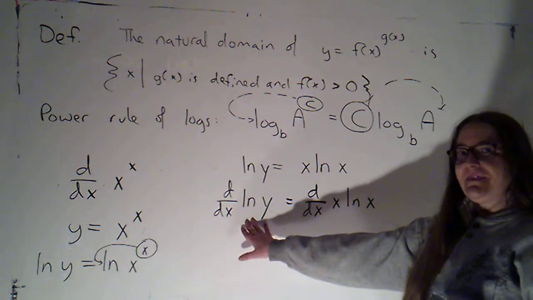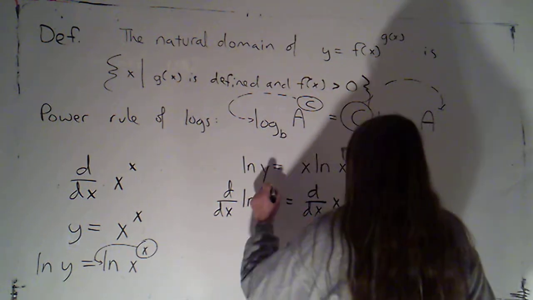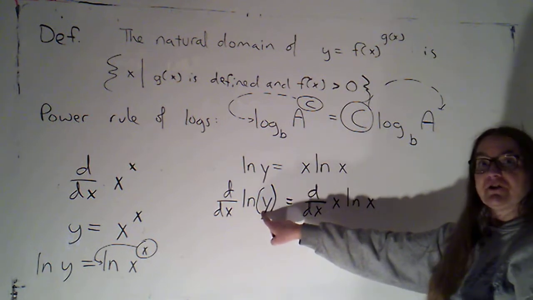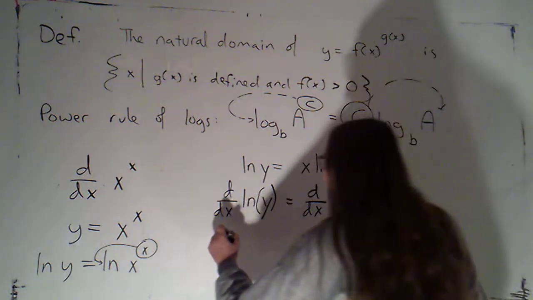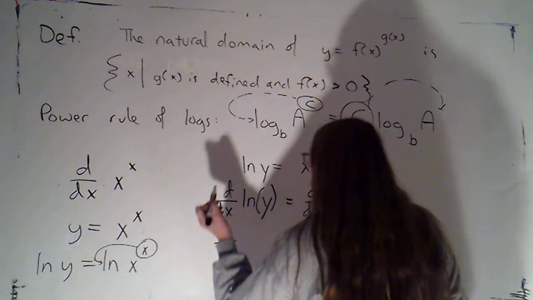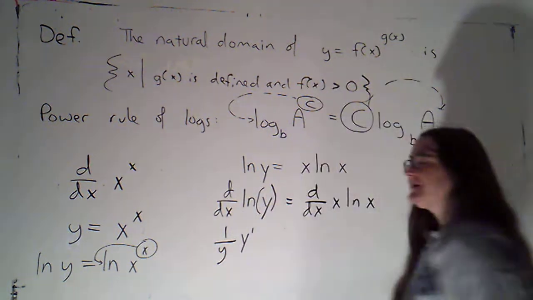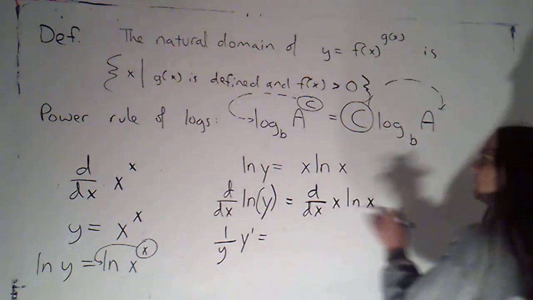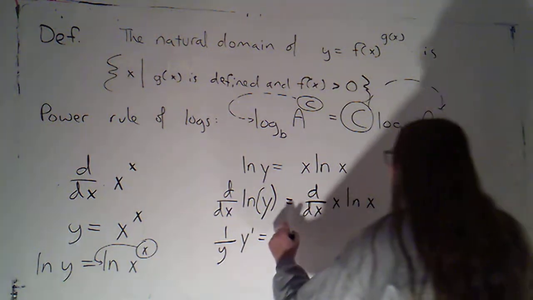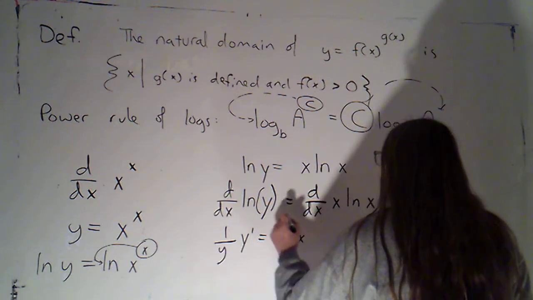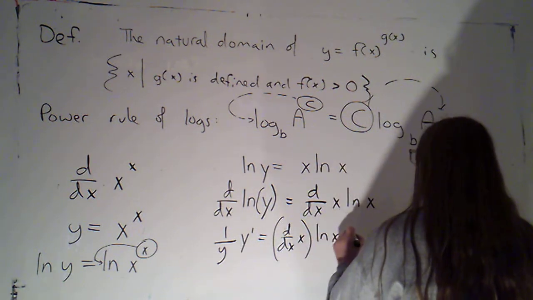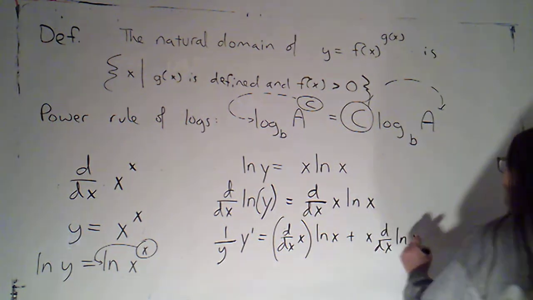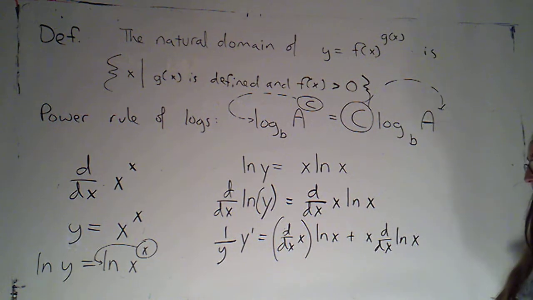Now here, this is going to be implicit differentiation, basically using chain rule. The derivative of the log function is the reciprocal function. So I'm going to get 1 over y times y prime, the derivative of the inside part. Here, we'll use product rule. Derivative of x times the natural log of x plus x times the derivative of the natural log of x.